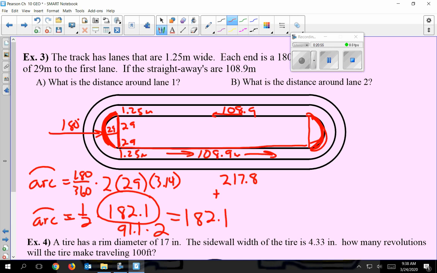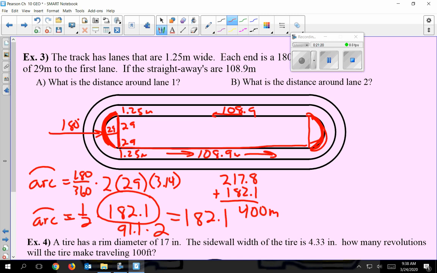I'm going to add it to the circle that I have to run around, or the two turns at each end of the track, and add that together, and it comes out to be about 400 meters. Now some of you guys that are in track know that basically tracks today are measured out at 400 meters for the inside lane. Okay.